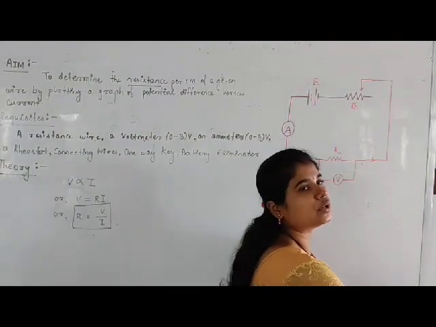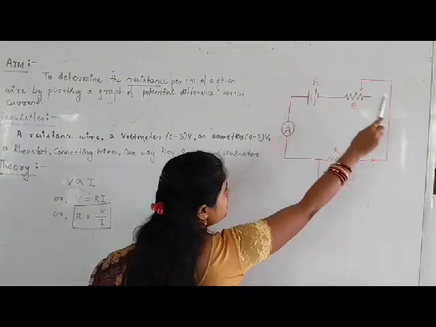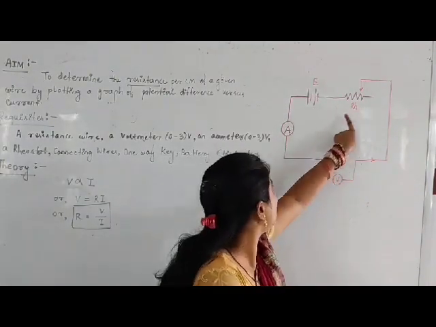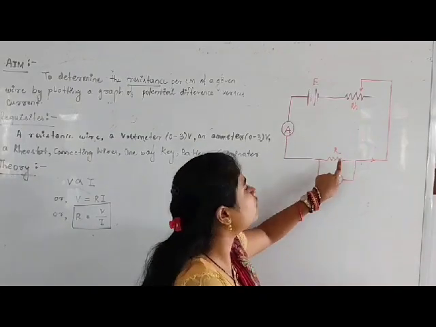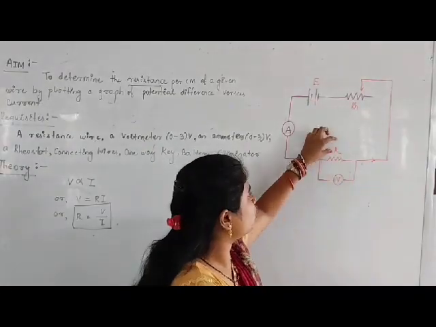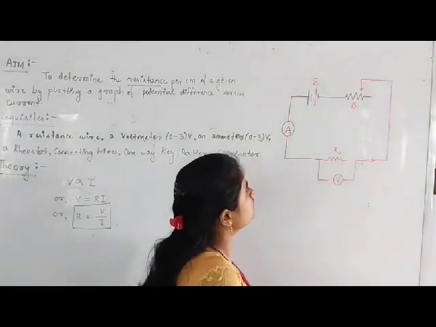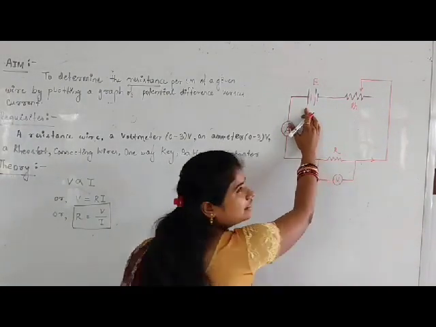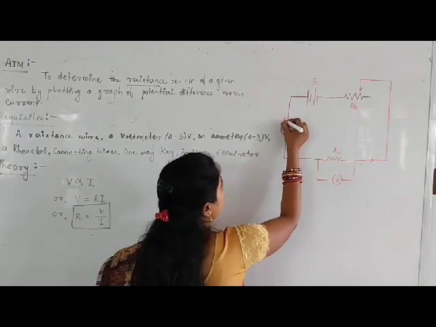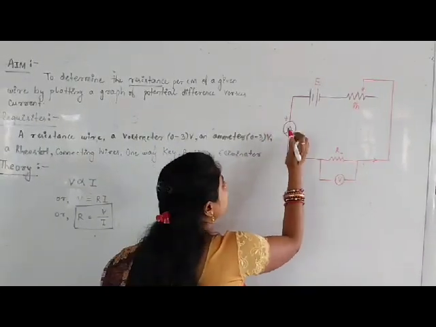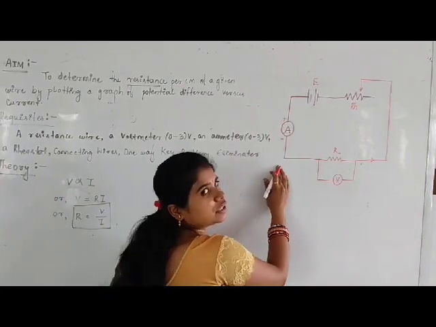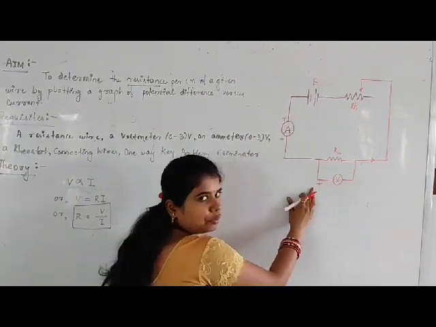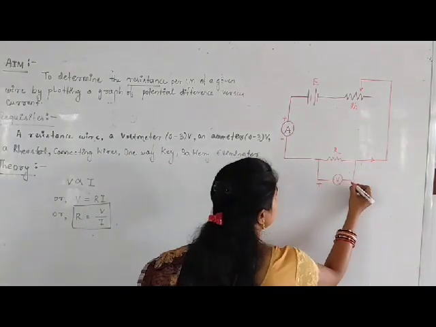So here, as you all can see, this is the circuit diagram. This is a battery eliminator, rheostat, ammeter, voltmeter and the wire of which we have to find the value of resistance. From the positive terminal of the battery, we will connect the positive terminal of the ammeter. Then the negative terminal of the ammeter will be connected to the positive terminal of the voltmeter, that will be in series combination.